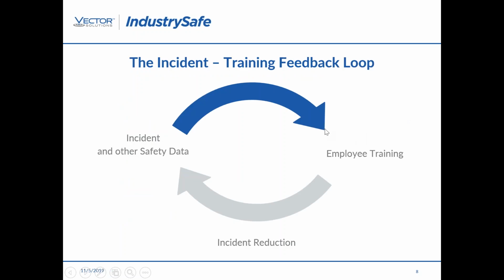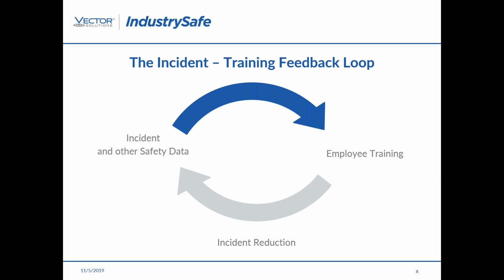So the concept here is not super sophisticated. You look at where your trouble spots are, whether it's incidents or any of those other safety data sets I mentioned, and you use that to make sure your employees are being trained effectively.